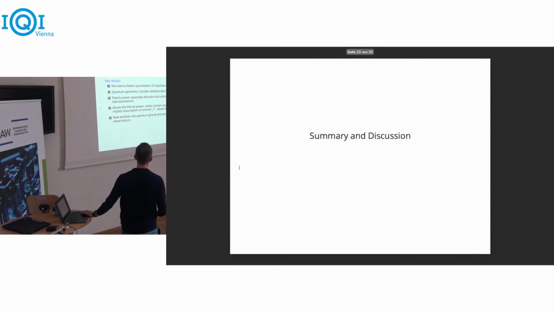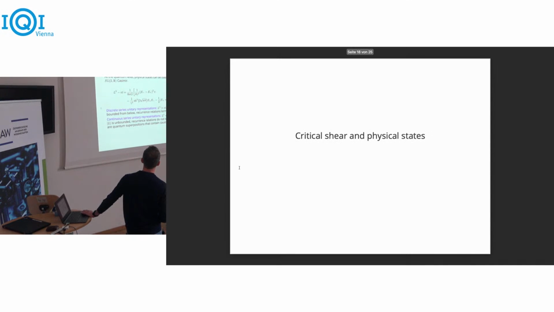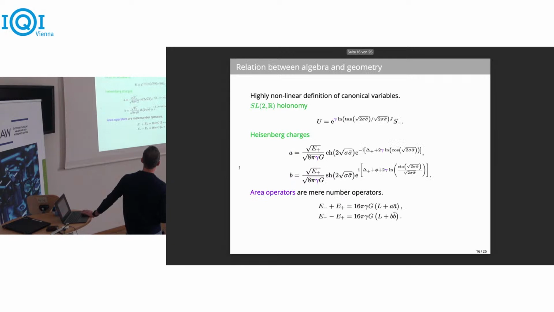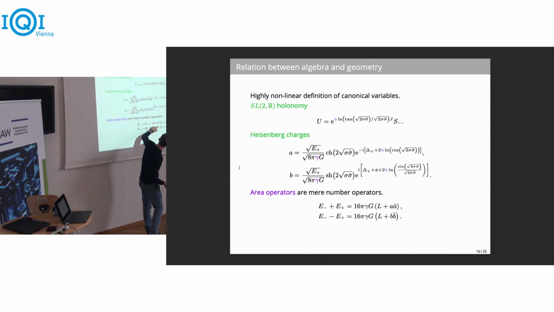And the spectrum in fact agrees with what we have in loop quantum gravity. Here I said that the area densities at the two cross sections are basically a number operator where the immersive parameter now shows up.